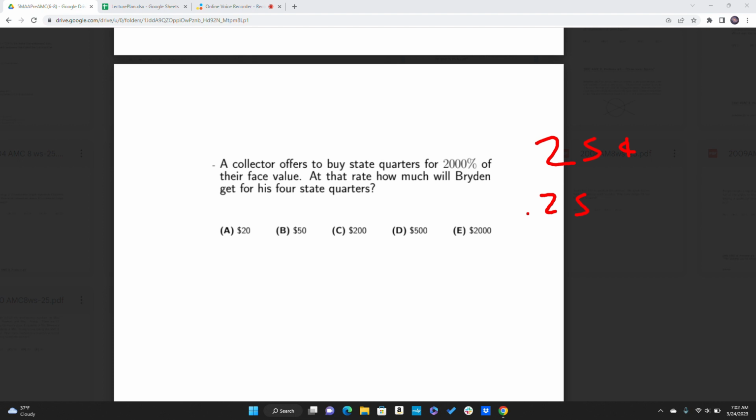So we need to multiply by 20 to get to 2,000%, right? So 100 times 20, that's going to equal the 2,000. So 25 cents times 20, that is $5, right? Okay, and he has 4 of them. 5 times 4 makes $20.